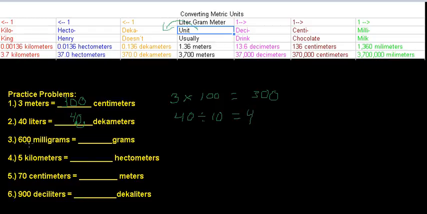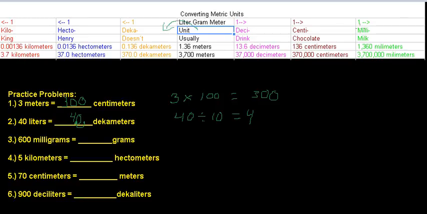Okay, let's look at another one, 600 milligrams. This time we're not starting with just the unit, we have a prefix on here, we have milli. So I have kilo, hecto, deca, unit, deci, centi, milli. Here's where I'm going to start. I should have erased that, sorry. Okay, we'll leave that there.